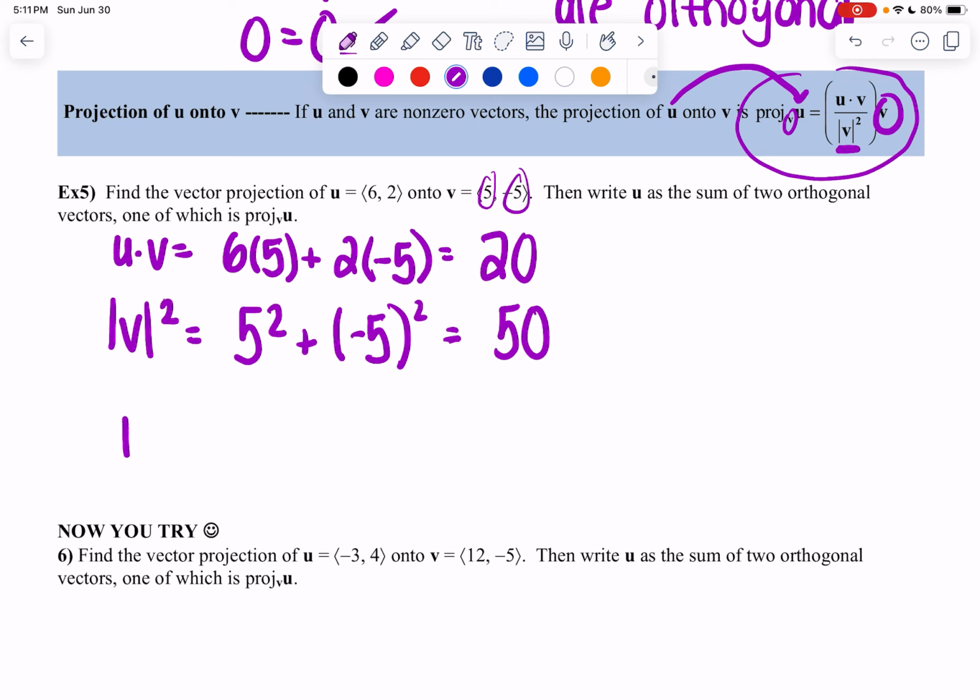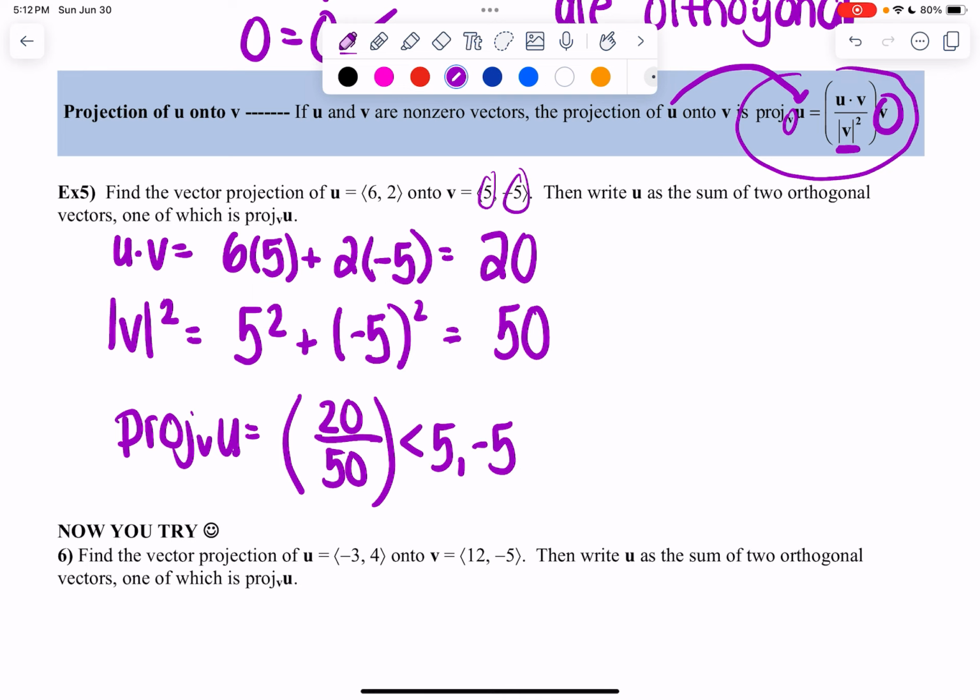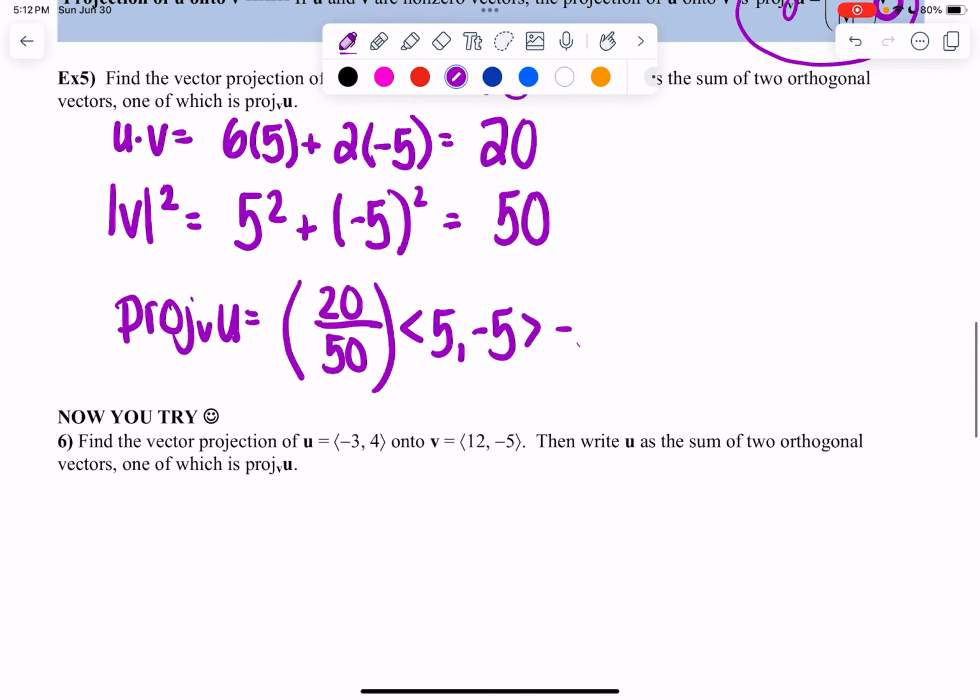And so we're just plugging into the formula. The projection of u onto v would be 20 over 50. This is now just a scalar, so it's just a number. But then we're multiplying by the vector v, which would be 5 comma -5. I'm just going to simplify as need be. So this would actually be 2 over 5.